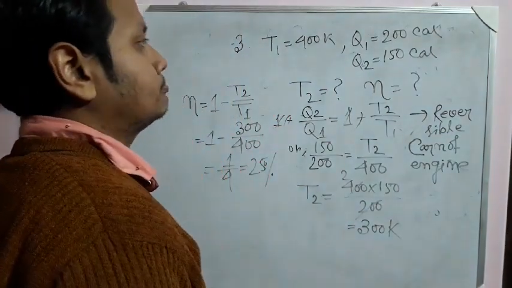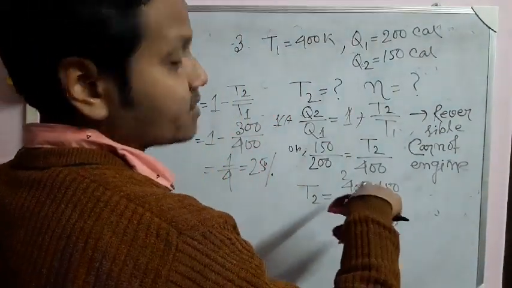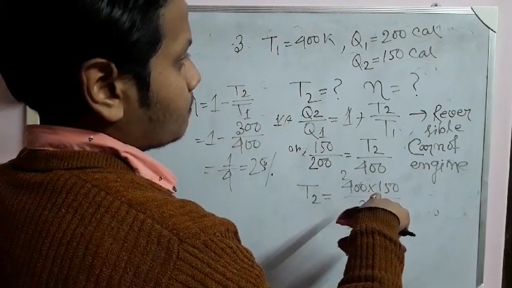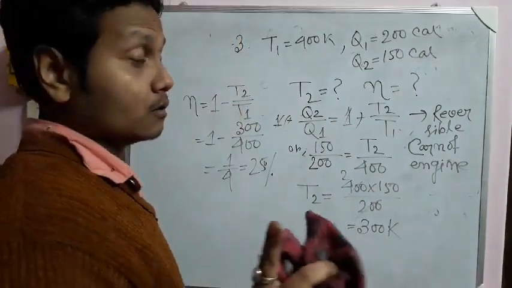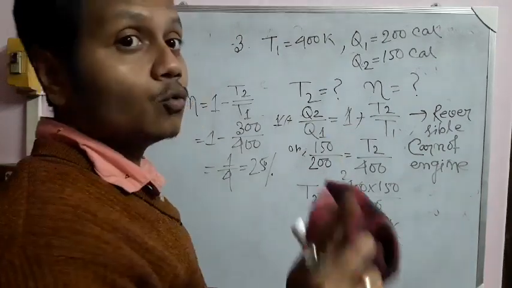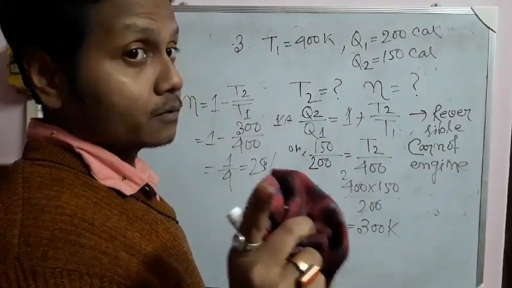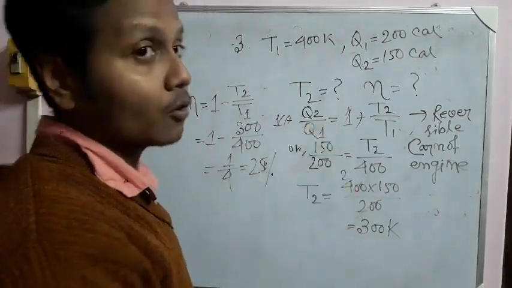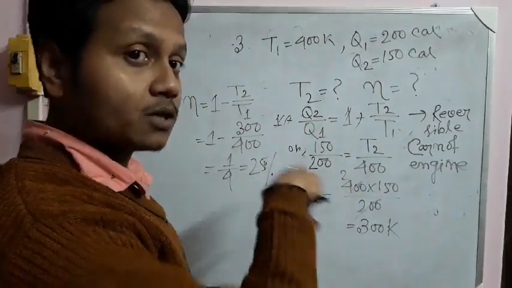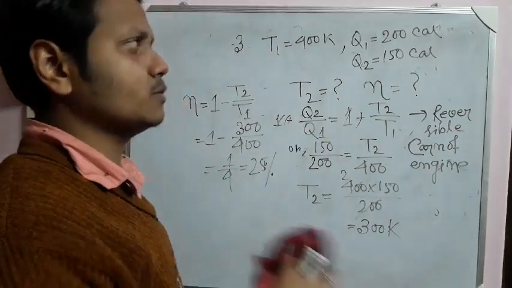For higher secondary students, I tell you one thing, that you will get a few numericals using these laws in joint entrance examinations. These questions will come in joint entrance or IEEE examinations.